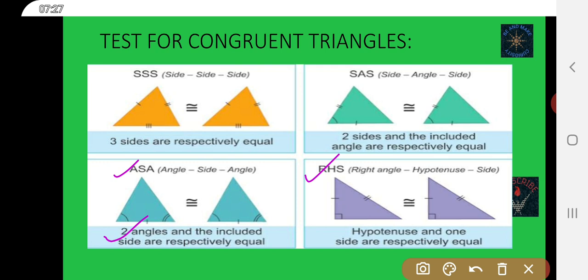Here you see this hypotenuse corresponds to this hypotenuse and this side corresponds to this side, and this angle is 90 degrees, this also 90 degrees. So this is called your RHS congruency rule. Okay, then we can say two right angle triangles are congruent.